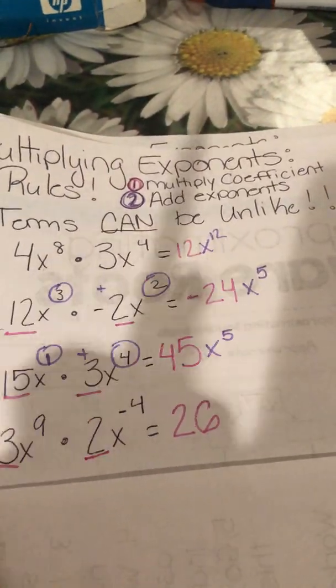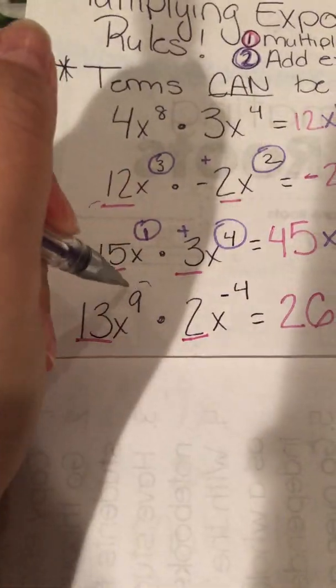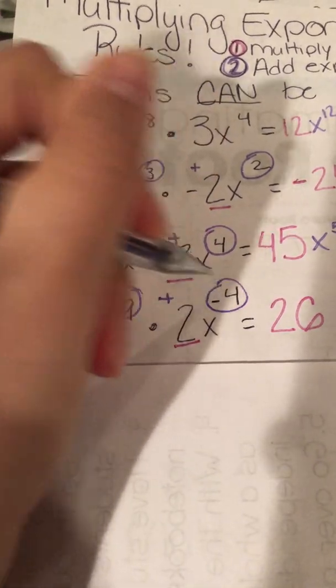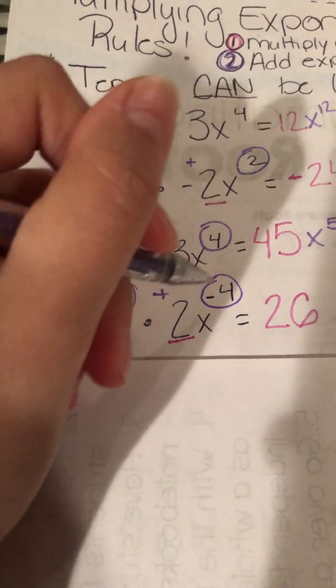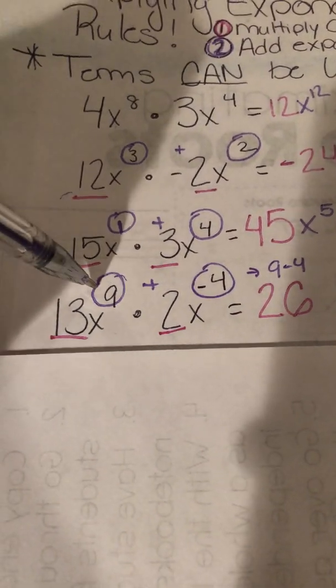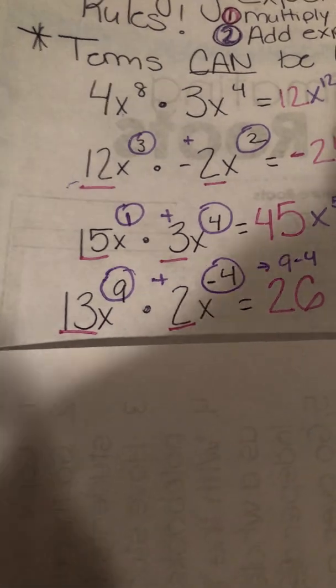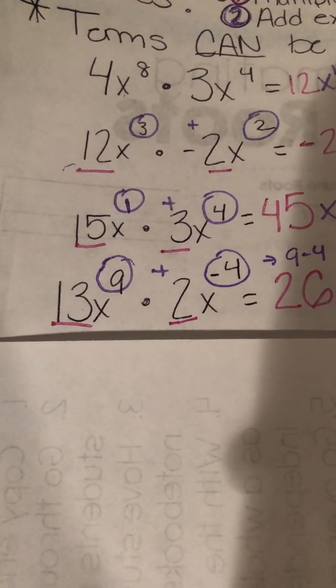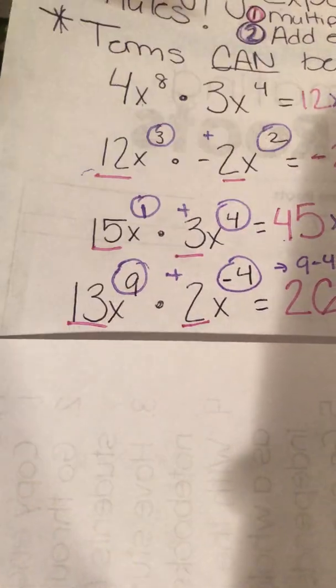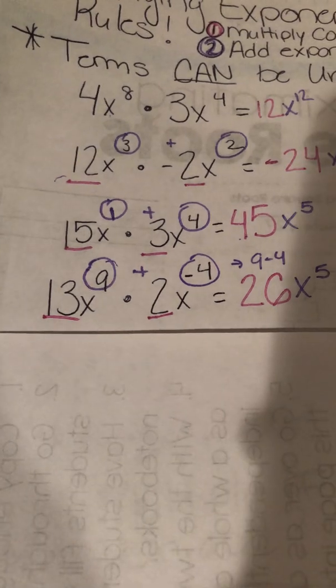Then I'm going to add the exponents. I have 9 plus -4. 9 plus -4 is the same thing as 9 minus 4. Or if you want to plug in 9 plus -4 into your calculator, you are 100% welcome to do so. 9 plus -4, or 9 minus 4, gives me x to the 5th.